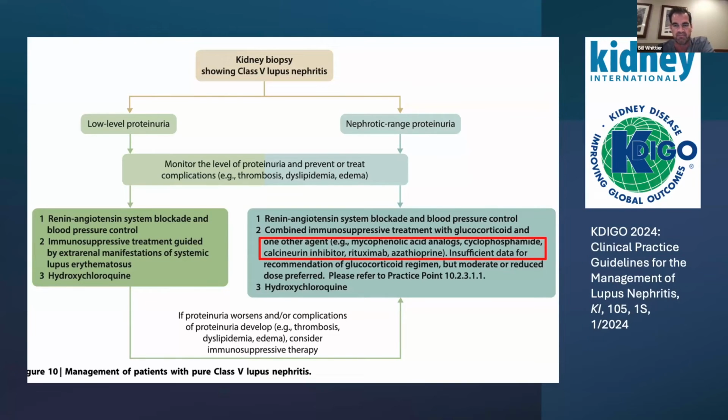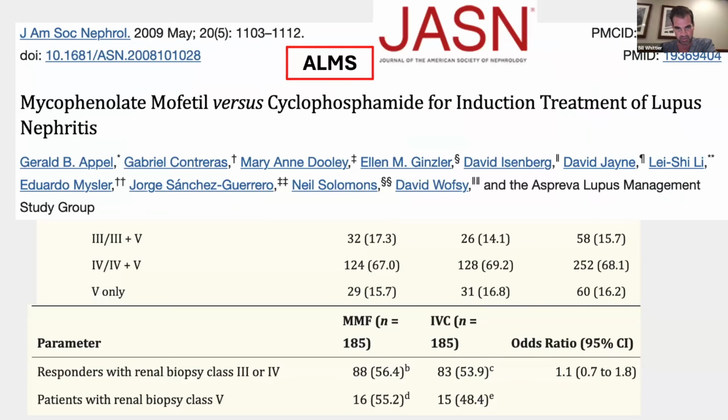We can use MMF, cyclophosphamide, a CNI, rituximab, or azathioprine. And it says there's insufficient evidence for glucocorticoid alone, which is part of the reason that I thought it was so important to biopsy her. But I'm going to talk about rituximab since I'm Rituxabil. Thank you for pointing that out earlier and showing my bias.